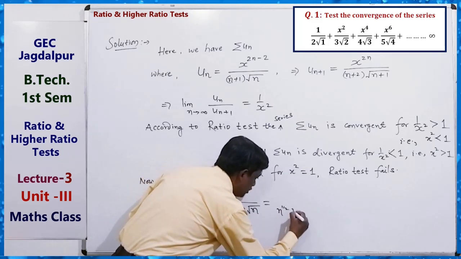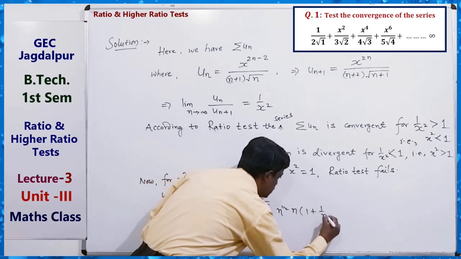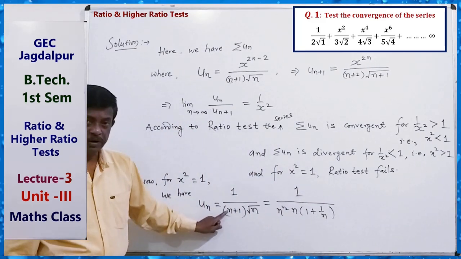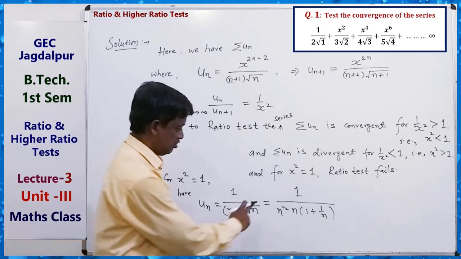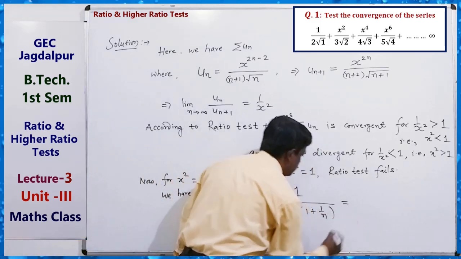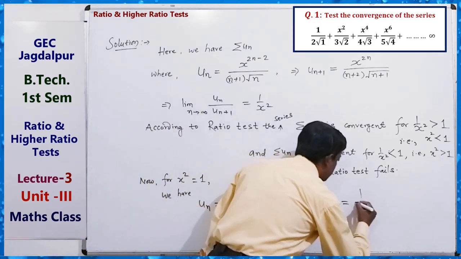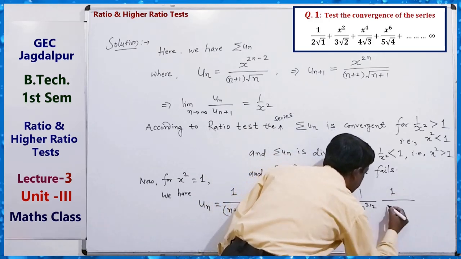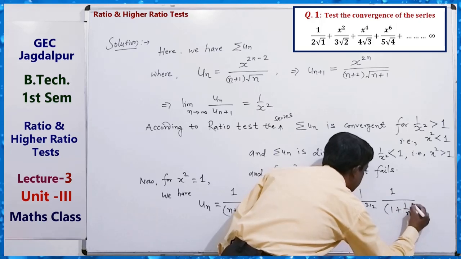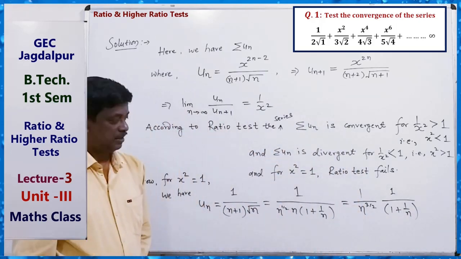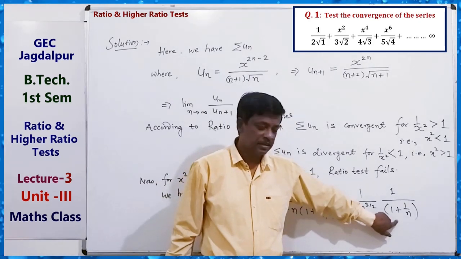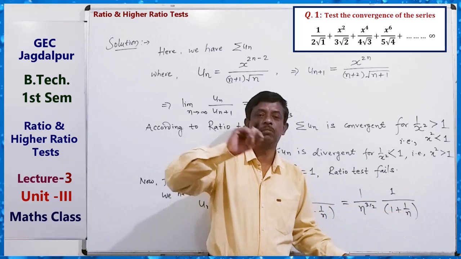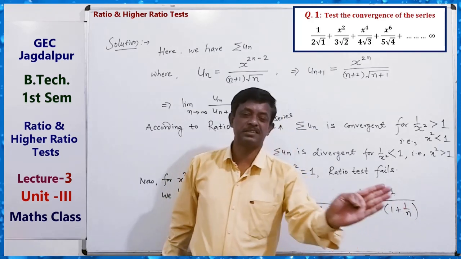Here n is common, 1 plus 1 by n. Now this is equal to 1 upon n to the power 3 by 2, 1 upon 1 plus 1 by n, because it can be taken in numerator as 1 plus something power minus 1, and it can be expressed as a series.